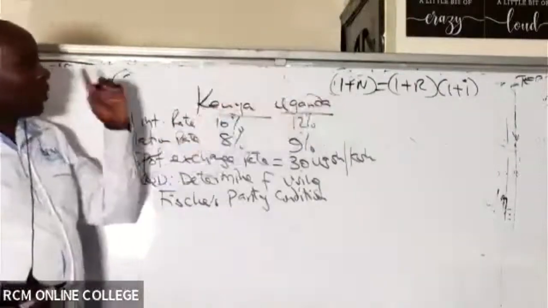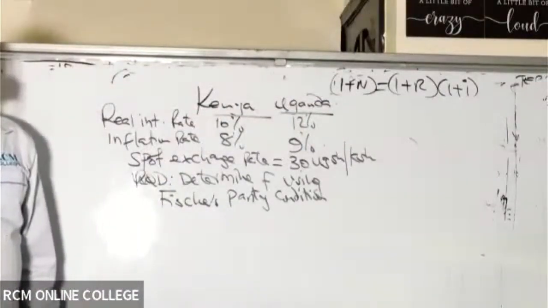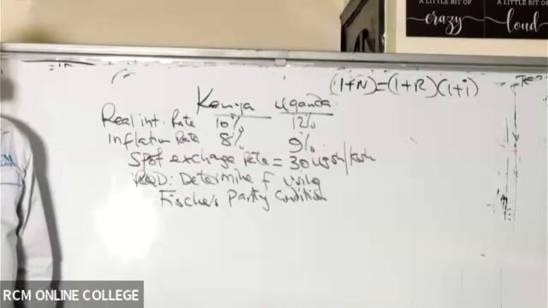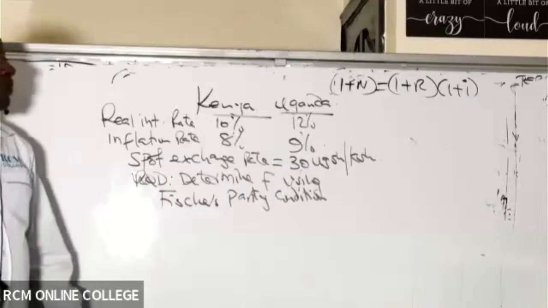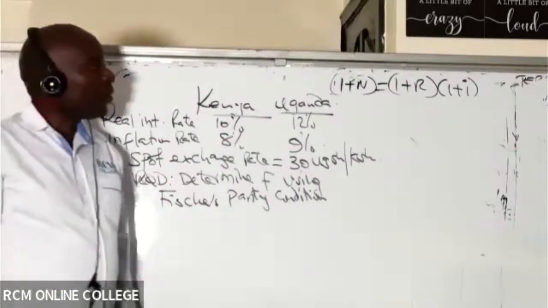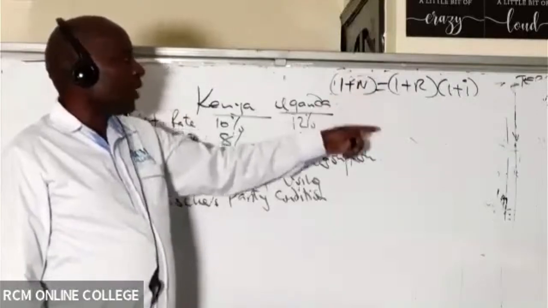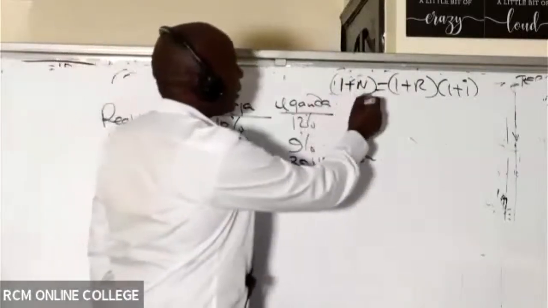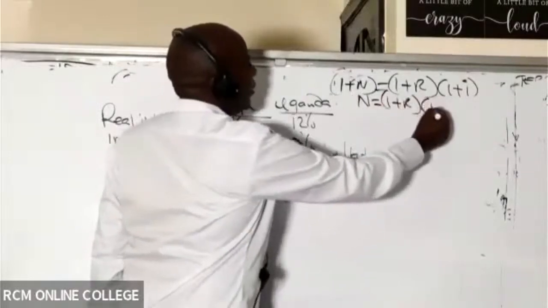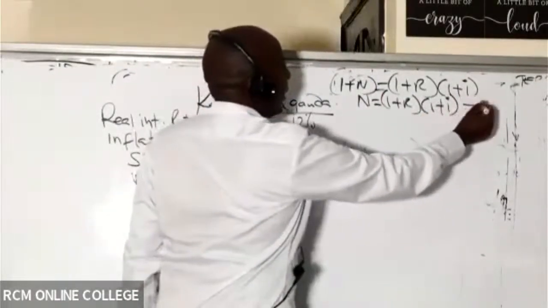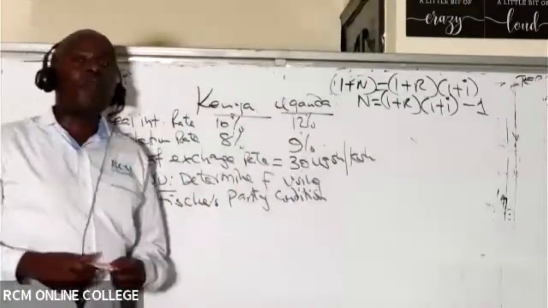N is nominal rate of interest. 1 plus nominal rate of interest into 1 plus real rate of interest, and then 1 plus inflation. So basically nominal will be equal to 1 plus R into 1 plus I minus 1.